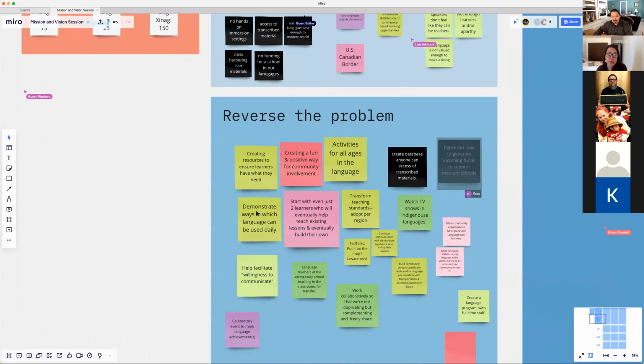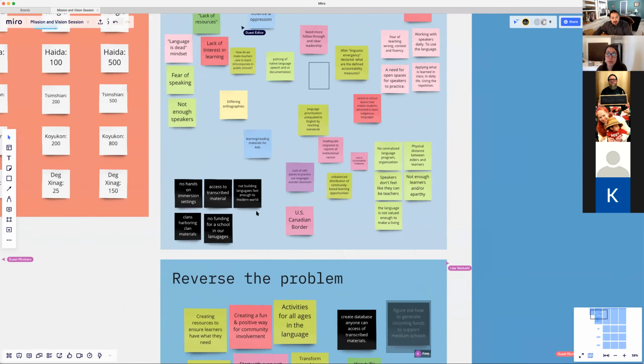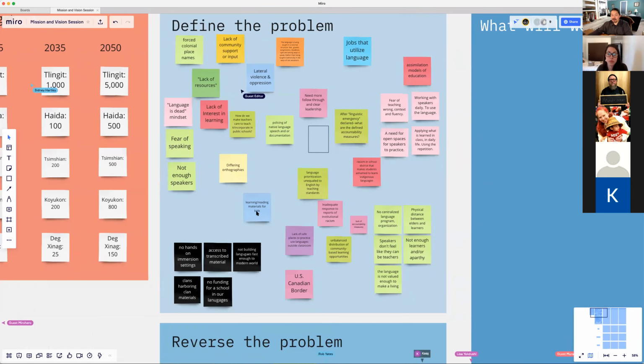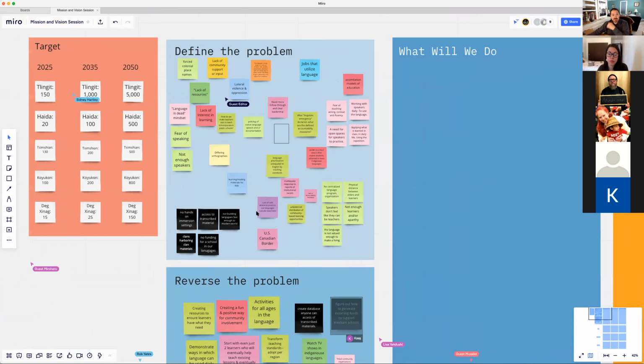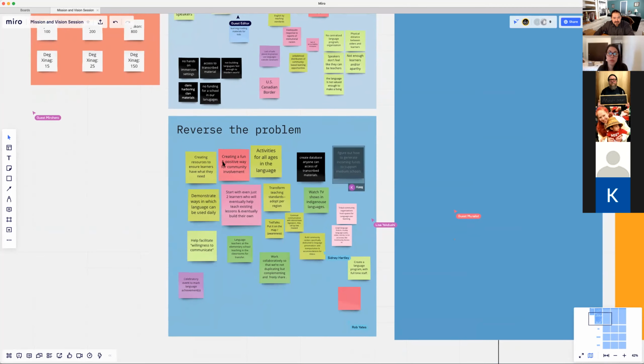Okay, so I think we've reversed the problems. As we go through here, one of the exercises, which maybe we'll do later, is to ask, has colonial place names been taken care of on here? Let's see. I'm not sure. I don't see anything. So I'm just going to add one on here that says restore Indigenous place names.